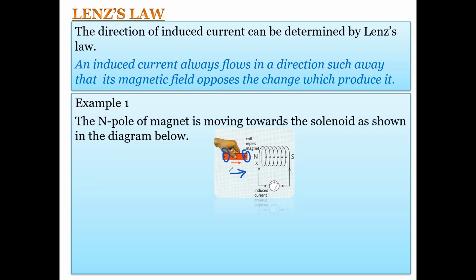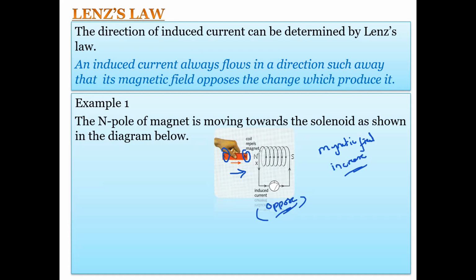So when we bring the north pole closer to the solenoid, what will happen? The magnetic field for the solenoid will start to increase. If we move the magnet towards it, the magnetic field will increase. So according to Lenz law, this solenoid will try to oppose it. It will try to stop it.